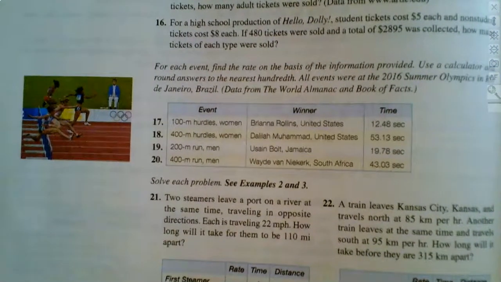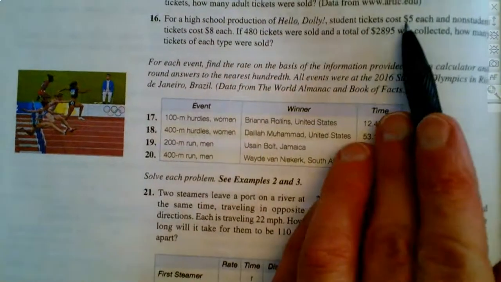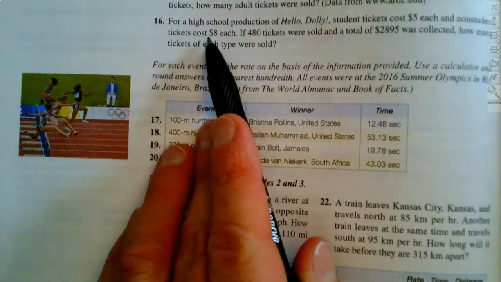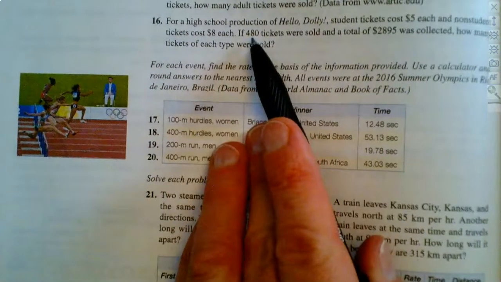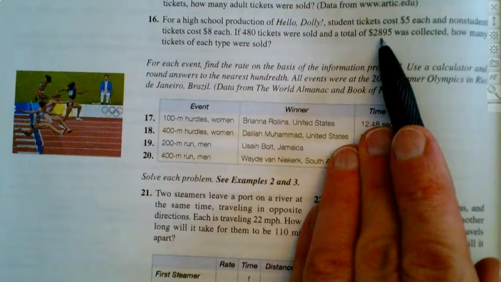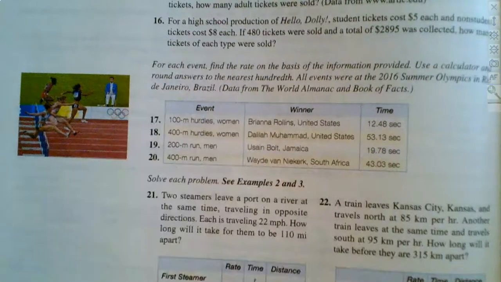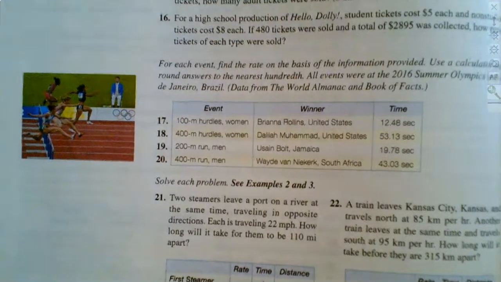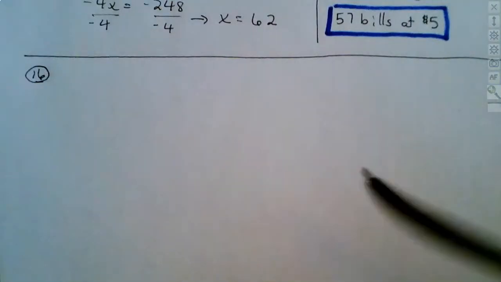So for a high school production of Hello Dolly, student tickets cost $5 and non-student tickets are $8. 480 tickets were sold for $2,895. How many of each type were sold? So again, we've got two types of tickets, and we've got a total.